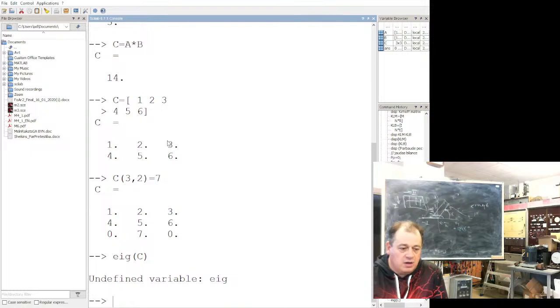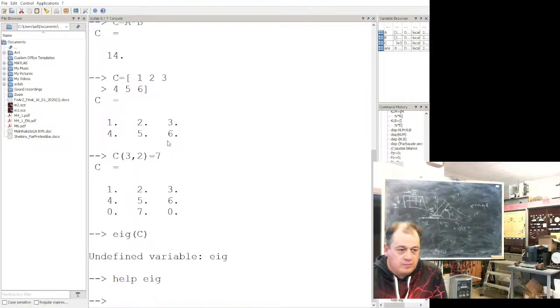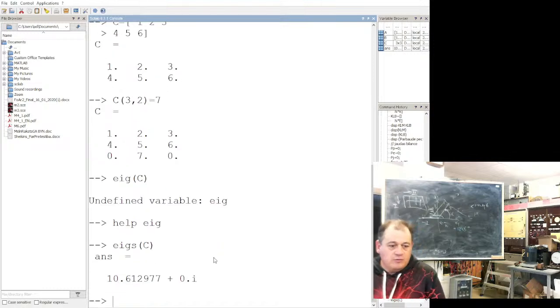In MATLAB, it should be AX. Sorry. Oh, here is the highest eigenvalue of C. Okay.